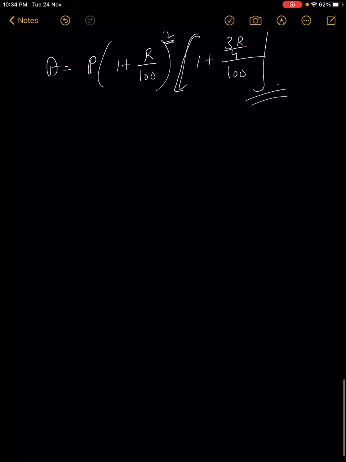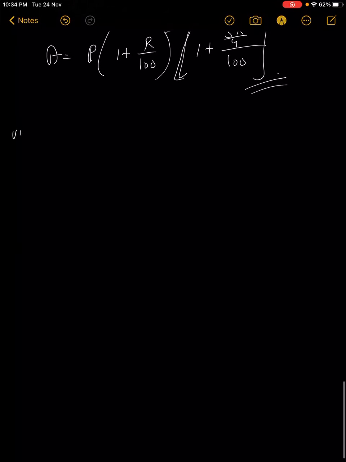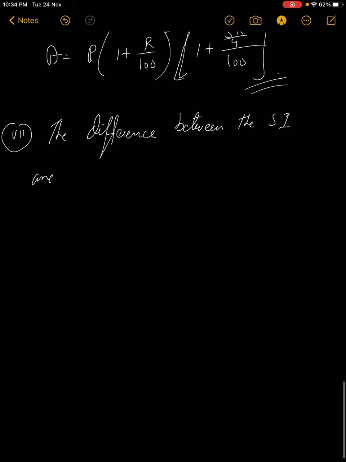Okay, another formula, I think that will be number 7. The difference between the simple interest and compound interest for 2 years. These are just shortcuts, and questions will be according to terms, like 2 years or 3 months.